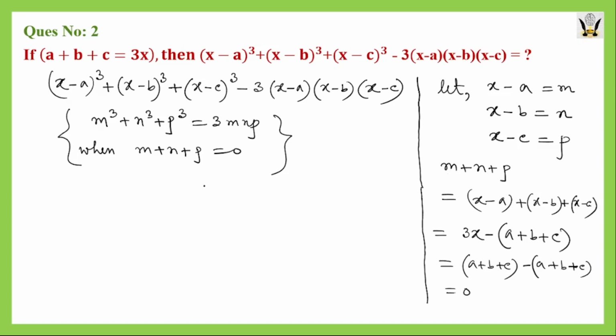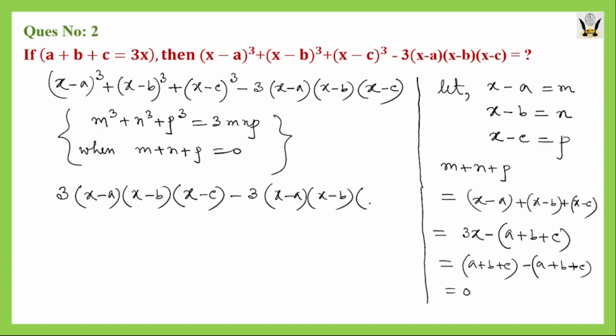So in place of a cube plus b cube plus c cube we can write 3 times m n p, where m is x minus a, n is x minus b, and p is x minus c. And we have another term here, that is 3 times (x minus a)(x minus b) multiplied by (x minus c). Both the terms are equal but have opposite signs, so they will cancel each other, and the final value of this expression will be 0 based on the given condition.